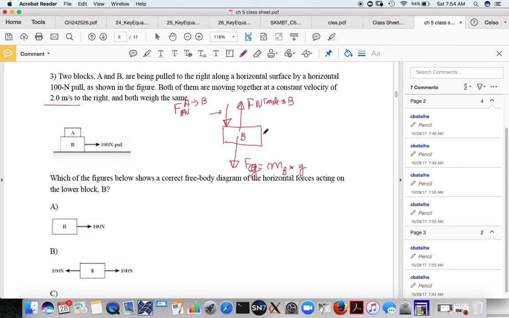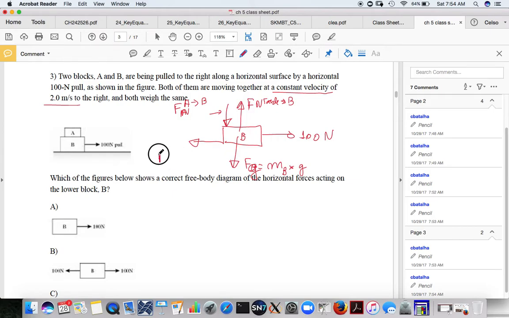And then what else? Well, I do have 100 Newton. You have a 100 Newton pull to the right. And if constant velocity is assumed, you must necessarily have some friction force, right?